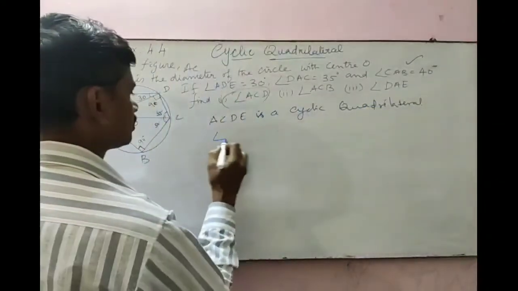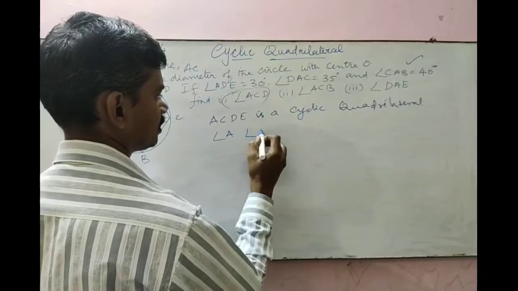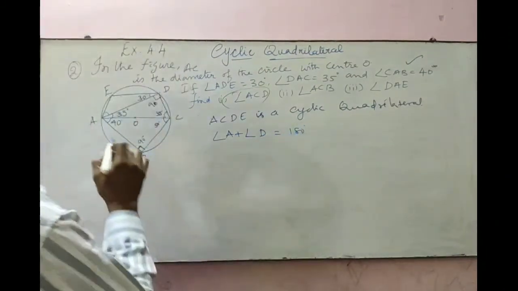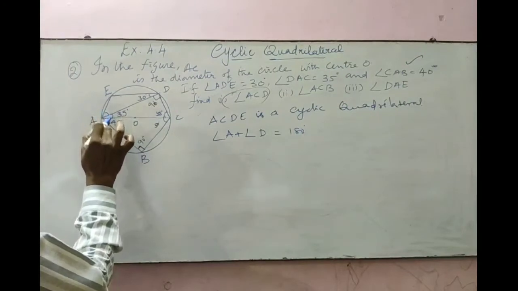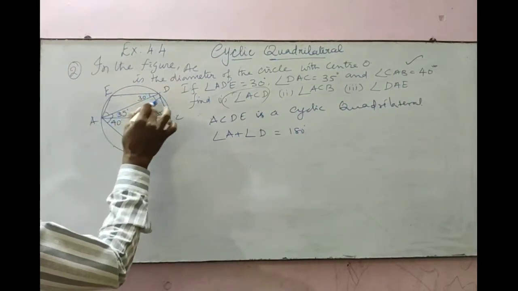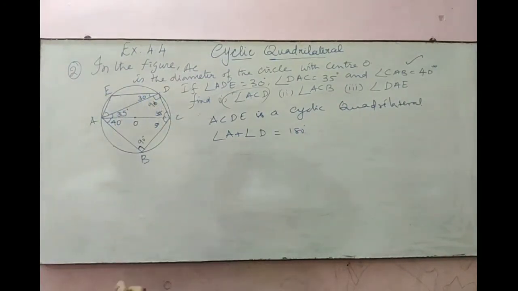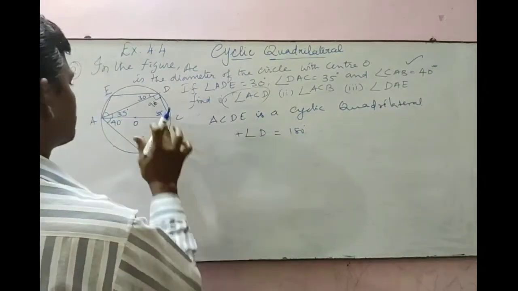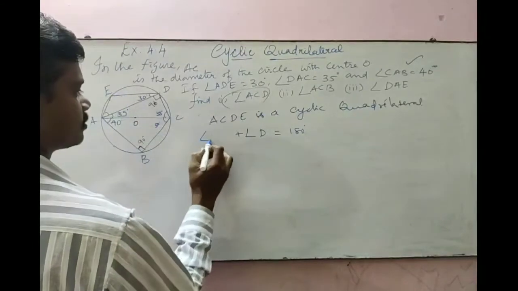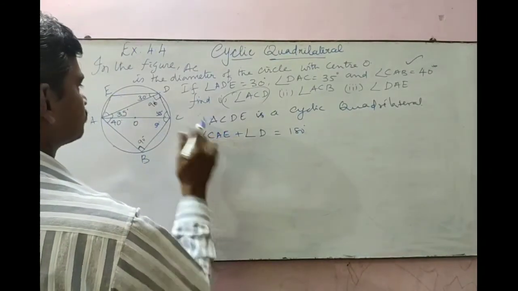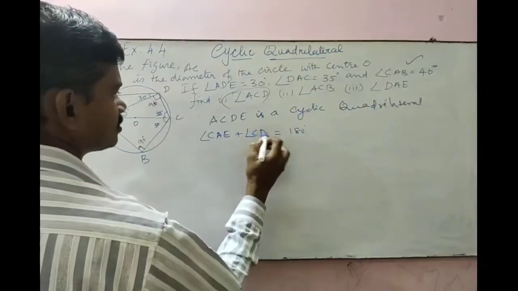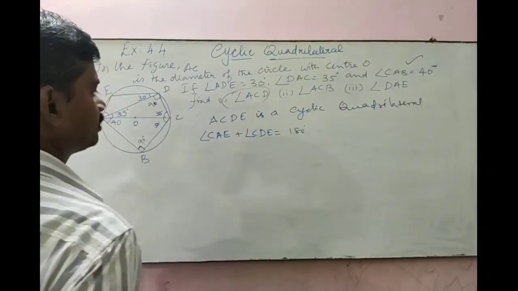So using angle A plus angle D equal to 180 degrees. Here angle A is the total angle A and this is the total angle D. What we call angle A is mentioned as CAE. Angle D is mentioned as CDE. CAE plus CDE equal to 180 degrees.